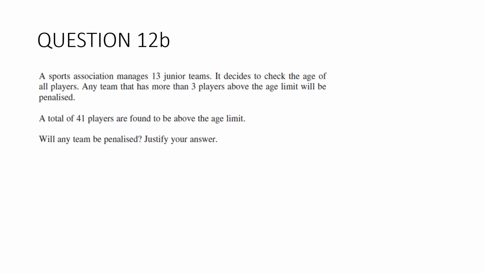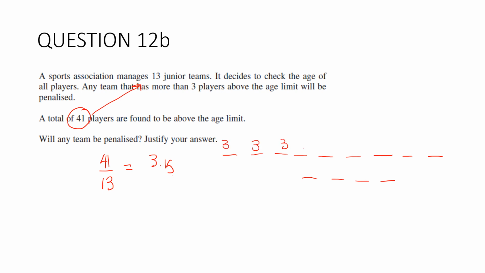pigeonhole principle. So what we need to do is divide that 41 by 13, and we get 3.15. So if these 41 players were spread evenly through the 13 teams, 2, 3, 4, 5, 6, 7, 8, 9, 10, 11, 12, 13, there would be 3 in each of the teams. And then if I do 3 times 13, that's 39.